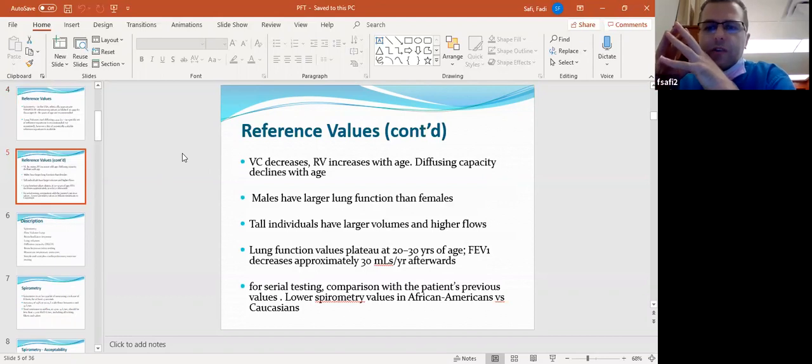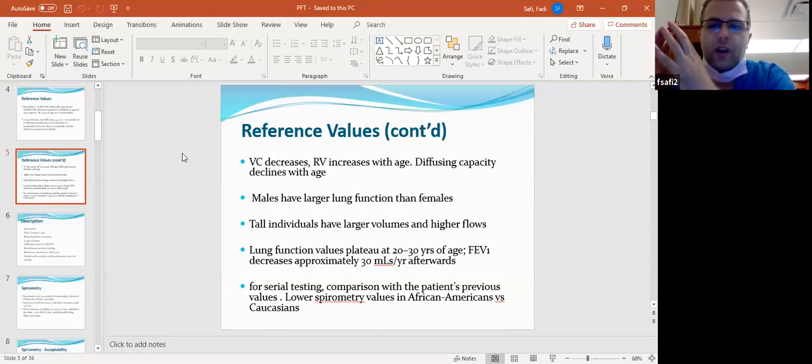Now I want to just specify some parameters for you to understand what happens to the lung function test as we age. Remember, the functional residual capacity increases with age, because the RV, which is the residual volume, increases with age because the elastic recoil of the lung decreases.